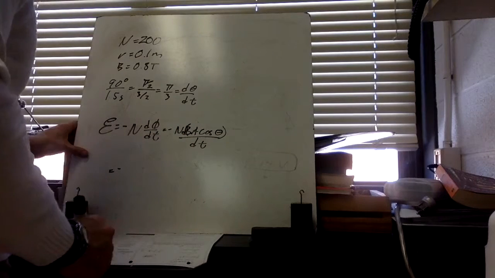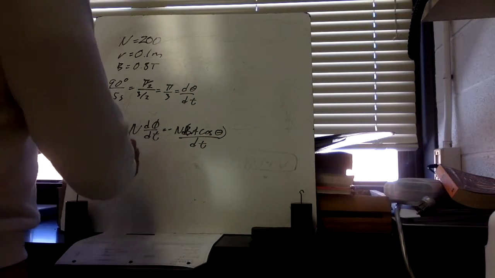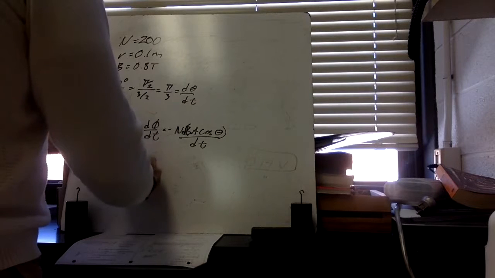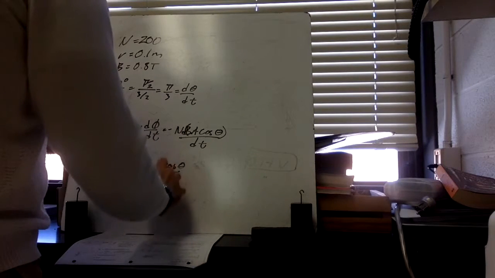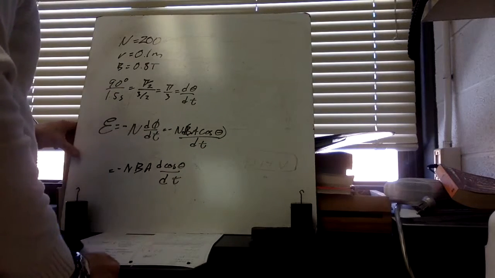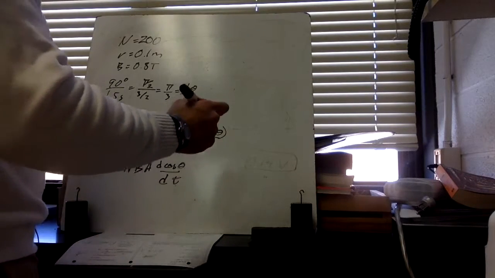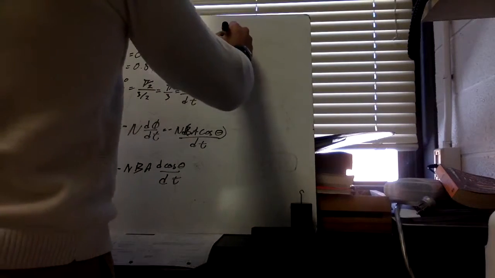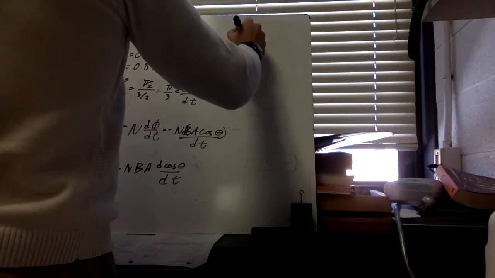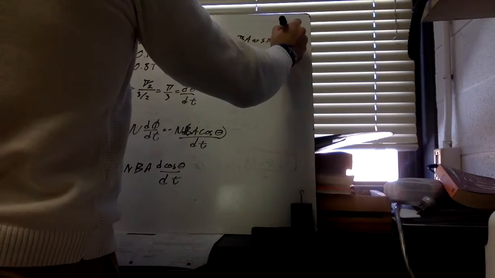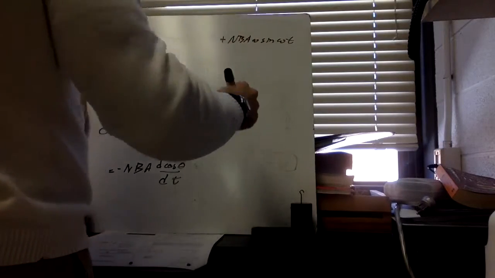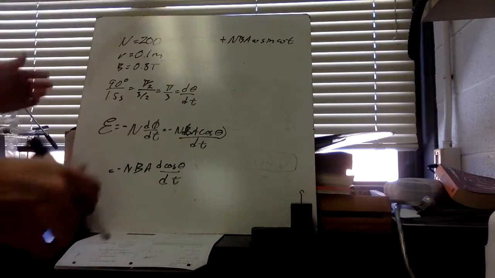Forgot about that. So we're looking at negative N B A d cosine theta/dt, and so this ends up becoming negative N B A omega sine omega t, and that becomes positive.